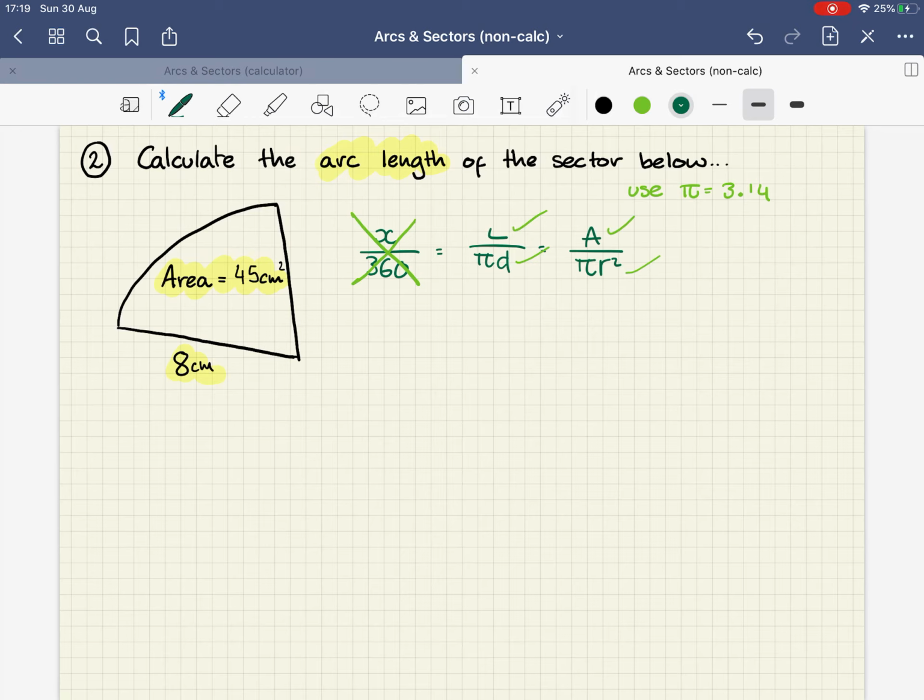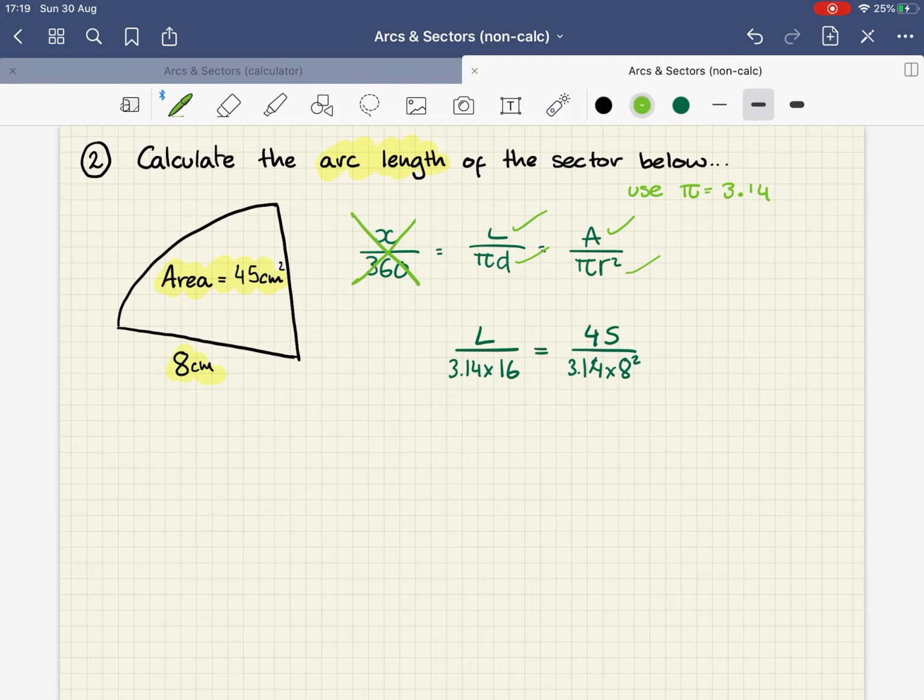So I've got the arc length, which I don't know, over pi times 3.14 times 16 equals that area of 45 over 3.14 times 8 squared.